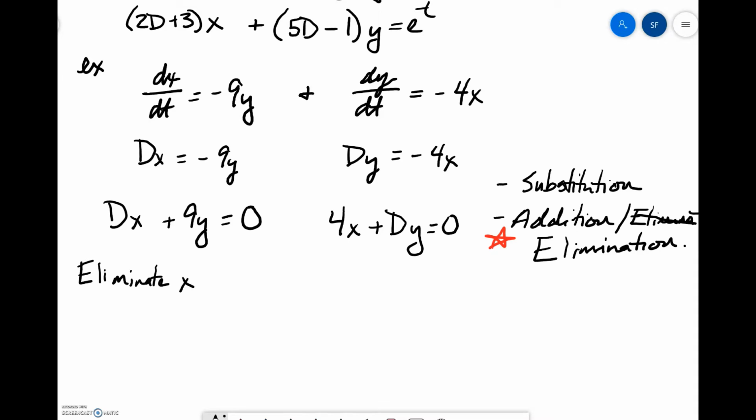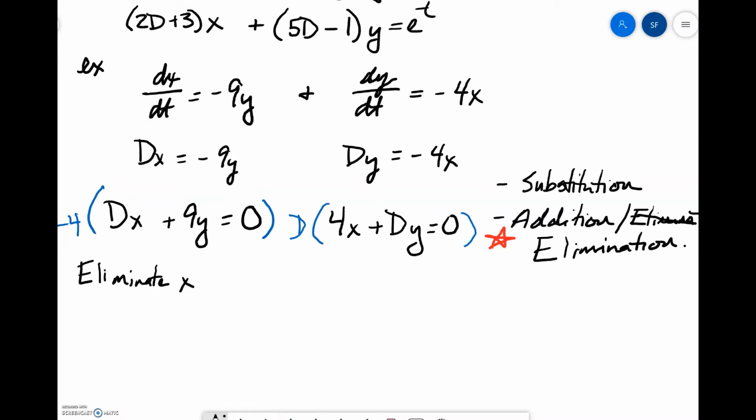So in order to eliminate x, notice that this equation has a Dx and this one has a 4x. In order for those to be the same and for us to eliminate them, this one will have to be multiplied by 4 and this one will have to take a derivative. And then one of them has to be negative. So let's do a negative 4 here, and let's take a derivative on this side.